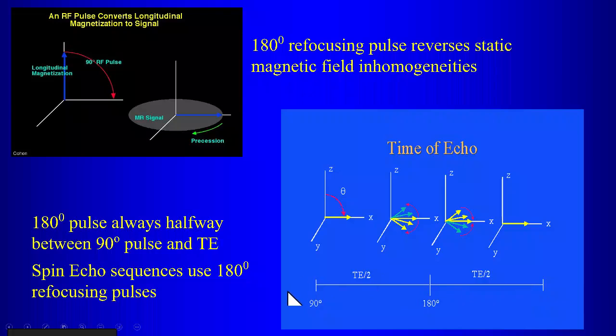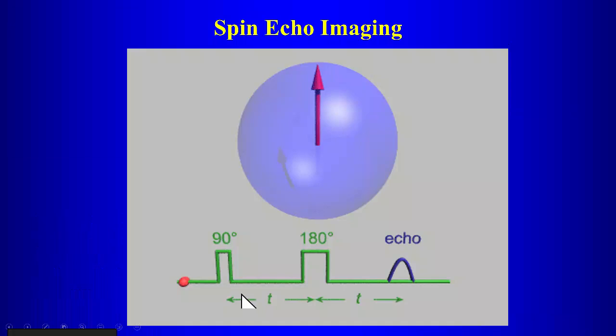That's how it's set. So the spin echo sequence, what I'm describing, uses these 180-degree refocusing pulses. That's what makes it a spin echo sequence. All right, so here it's depicted in this diagram: 90-degree pulse, things start to dephase, give 180-degree, flip it back, and then right over here we get an echo as the faster ones catch up to the slower ones, and everything is in phase again, and now you have a signal.